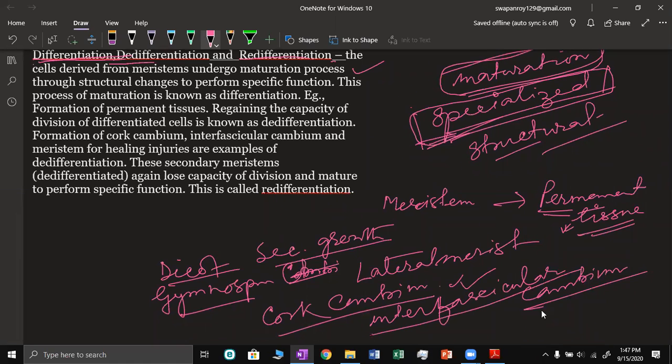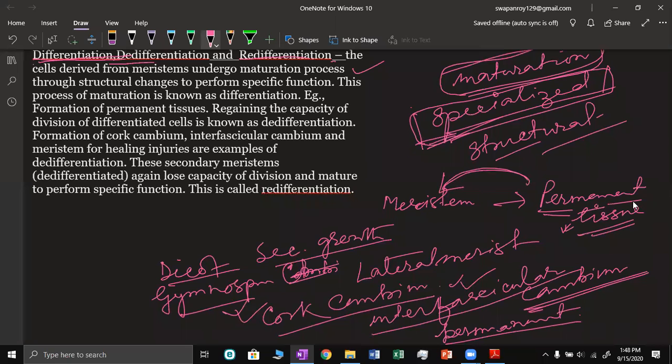The interfascicular cambium and cork cambium develop from permanent living cells. So these permanent living cells come back to meristematic activity.